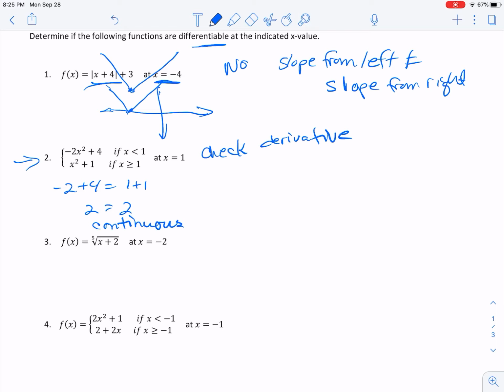The derivative of the first function is negative 4x. And we're checking it next to 2x, and when I plug in 1, I get negative 4 equals 2, and it doesn't. Since the left does not equal the right, it's not differentiable at 1. Okay, first check for continuity, then check if the derivatives are the same.